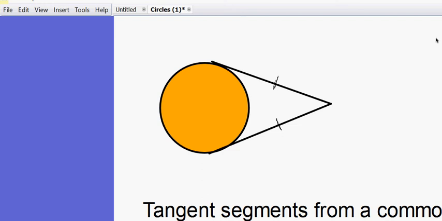A rule: tangent segments from a common external point are congruent. Common means it's the same for both. External means it's on the outside of the circle. So these two segments are coming from the same point and they are both tangent to the same circle, which means that these two segments are congruent. They are the same.